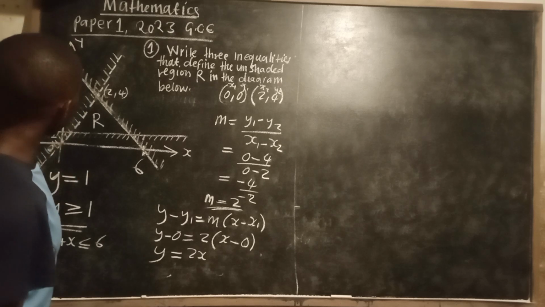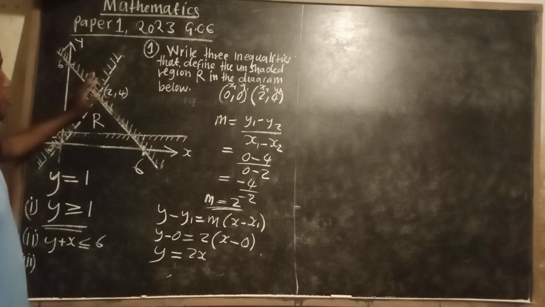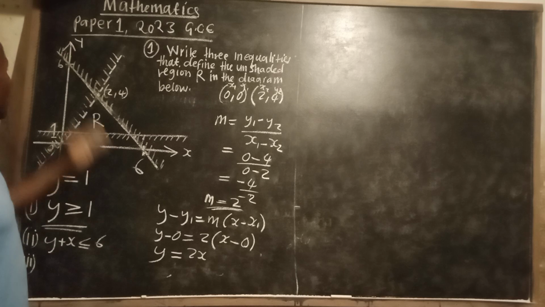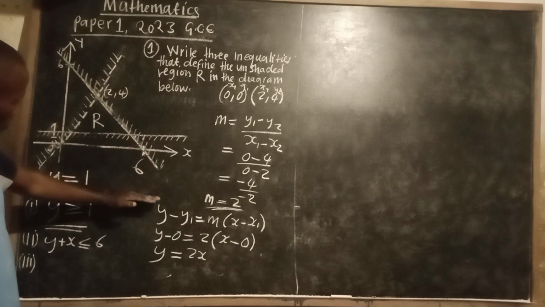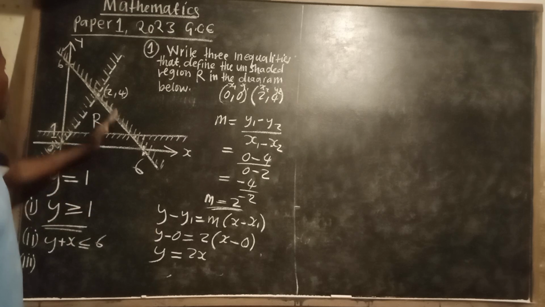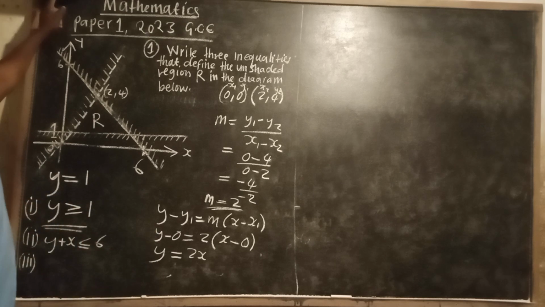So y is greater than 2x. That is the shaded region. When coming down there, it means you are running away from y, so y will be reducing now. It will be reducing going this side, away from the y. So when you are going up, y is increasing.